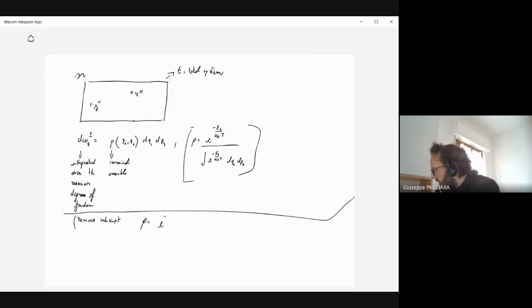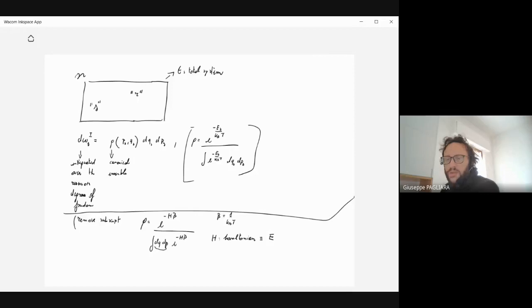So I can also write e to the minus H beta, where beta is 1 over k_B T. And here I have the integral dq dp e to the minus H beta, where H is the Hamiltonian, which coincides with the total mechanical energy of the subsystem S. Okay? Now, we will specify this later.